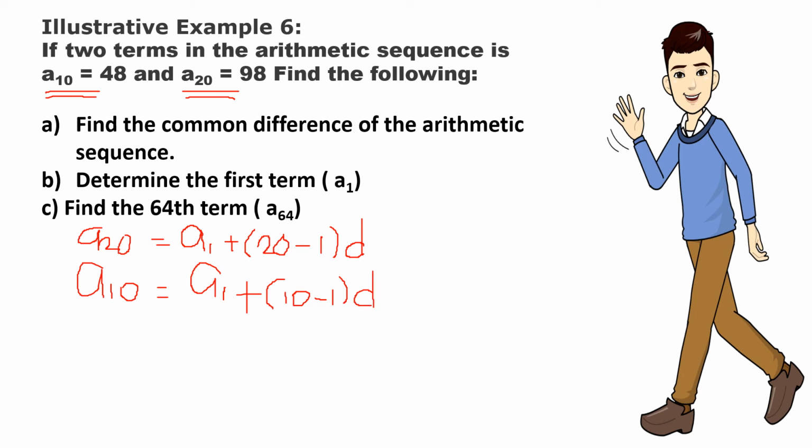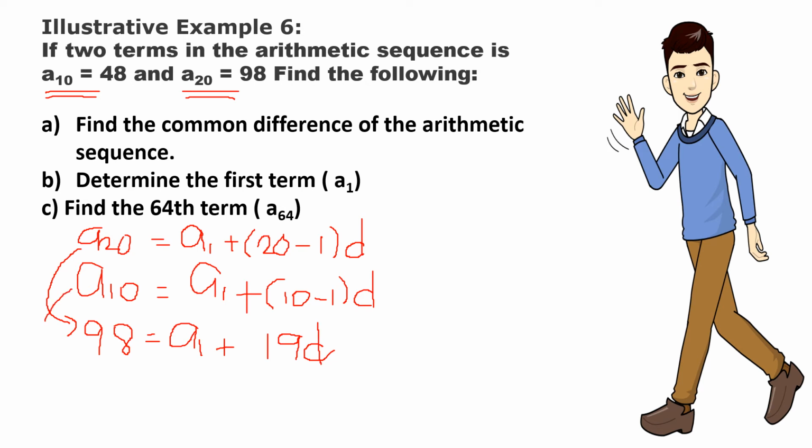So palitan natin yung A sub 20 ng value, magiging 98 equals A sub 1, hindi natin alam, plus, mamaya isosolve din natin yan, plus 20 minus 1, that is 19, times D, so D, sulat na lang natin yung D, 19D.